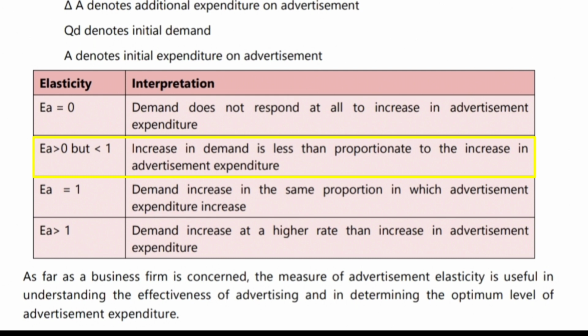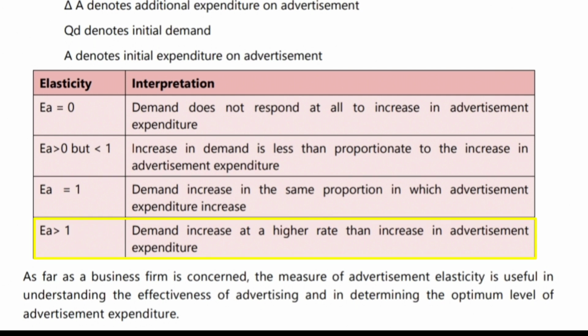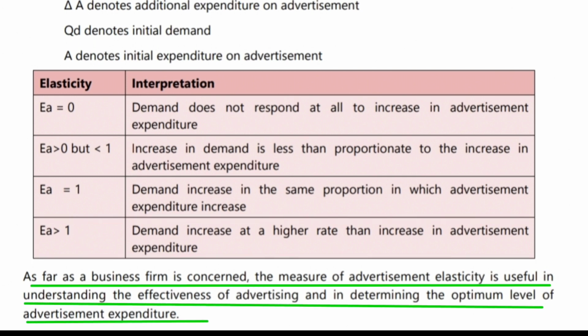If EA is equal to 1, demand increases in the same proportion as the expenditure increase in the advertisement campaign. If EA is greater than 1, demand increases at a higher rate than the expenditure incurred in advertisement. So the business firm is concerned with measuring advertisement elasticity to understand the effectiveness of the advertisement campaign and also to make optimum use of the advertisement expenditure.